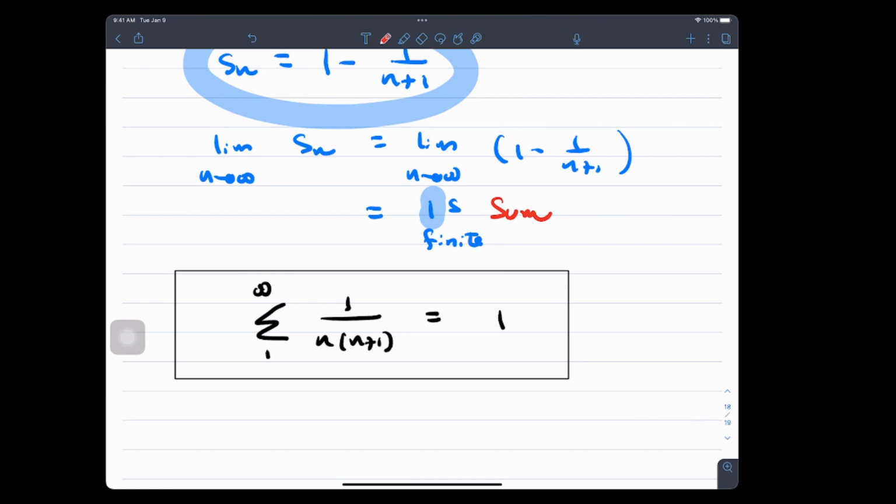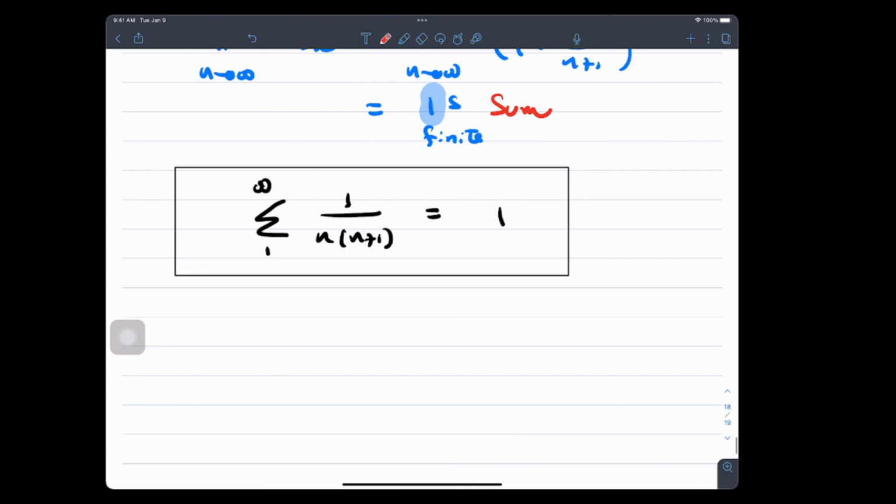In the first one, the n was not infinity, and then we changed it into infinity. Remember what this is. Remember the sequence? S1, S2. This is the sum of the first n terms. But this is the sum of all.